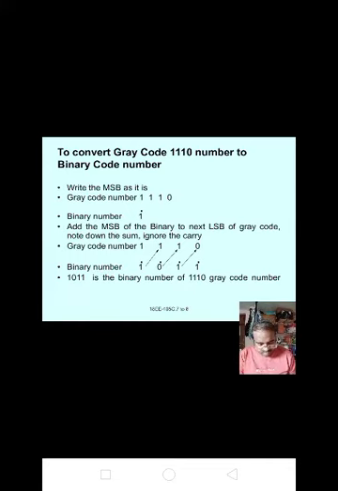So 1011. Okay, again 1. 1 plus 0, 1. 1 plus 1, 0. 0 plus 1, 1. 1101. Okay, it is the conversion of gray code to binary code.